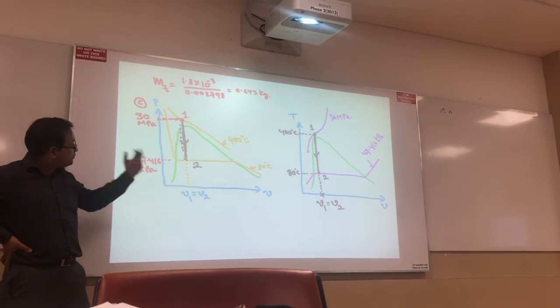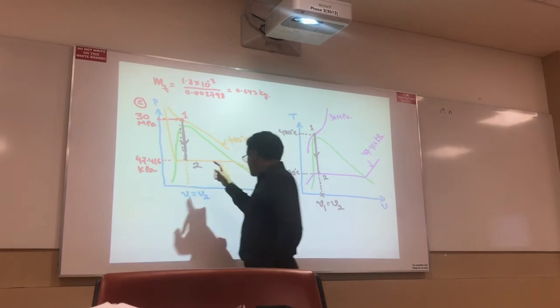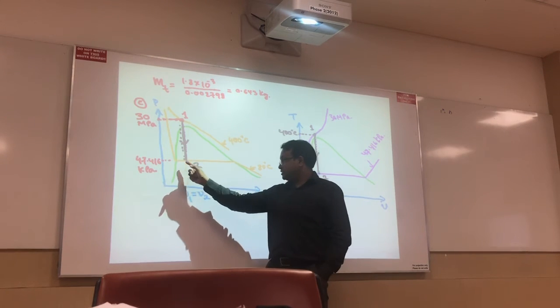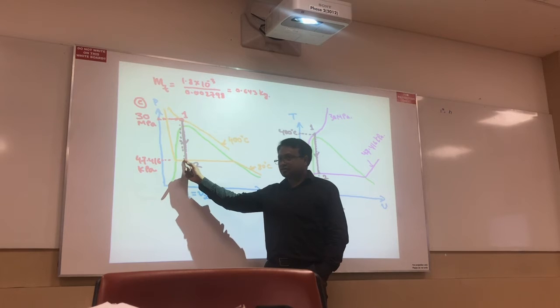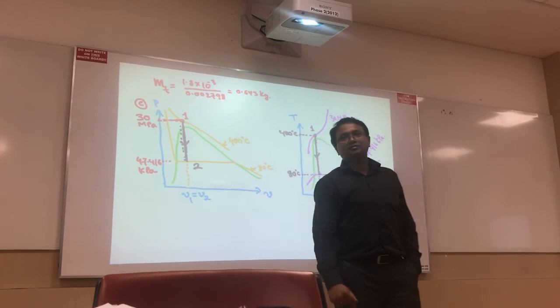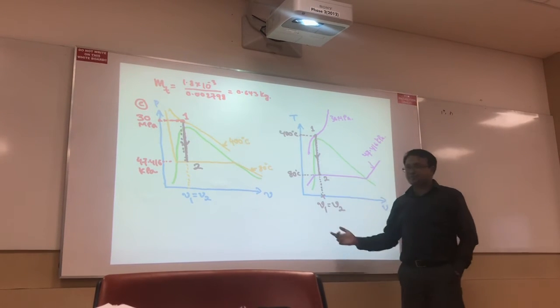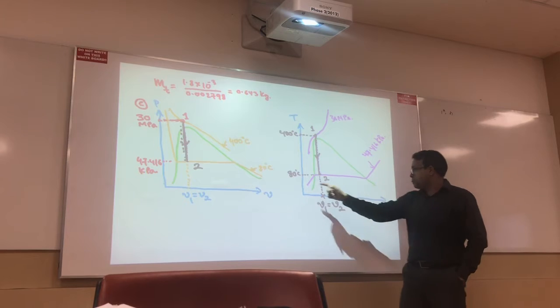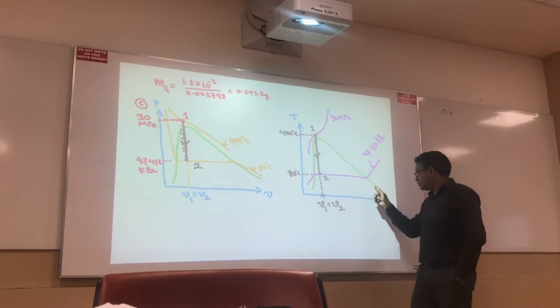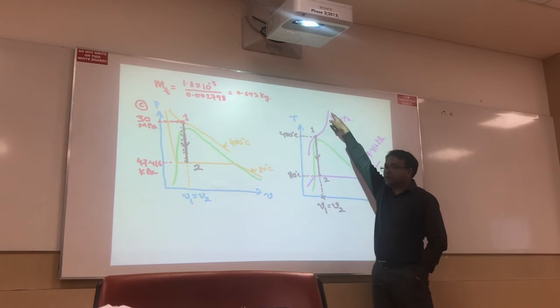Okay? And how can you find the quality? I know the distance from here to here. I know the distance from here to here. Correct. So this distance divided by the whole distance, then I can get the quality. Similarly, I get the same thing. If you draw the TV diagram, saturated liquid, saturated vapor, this indicates the constant pressure line.